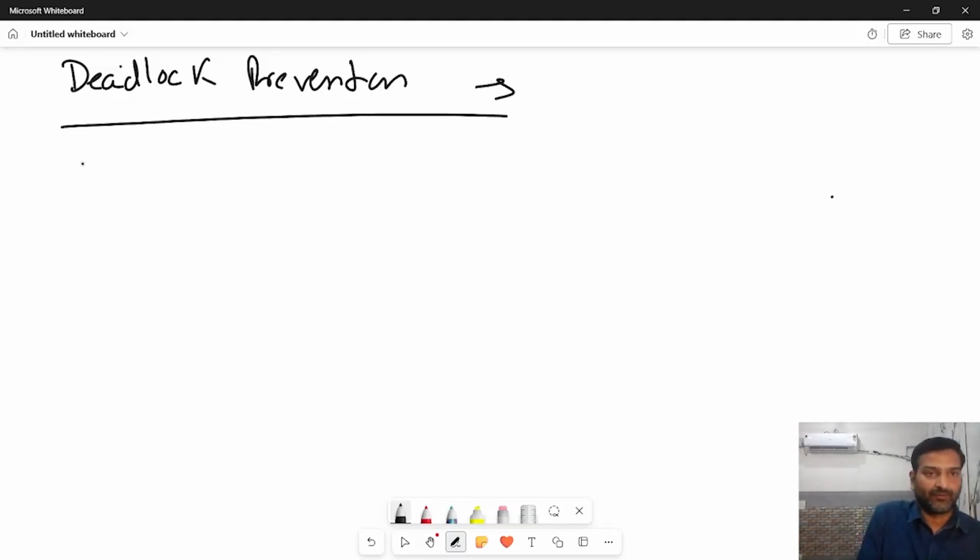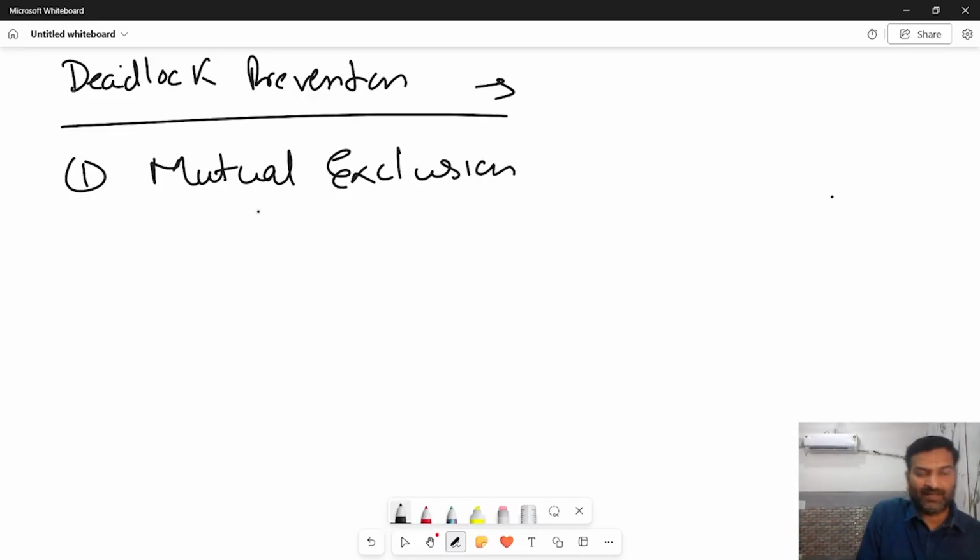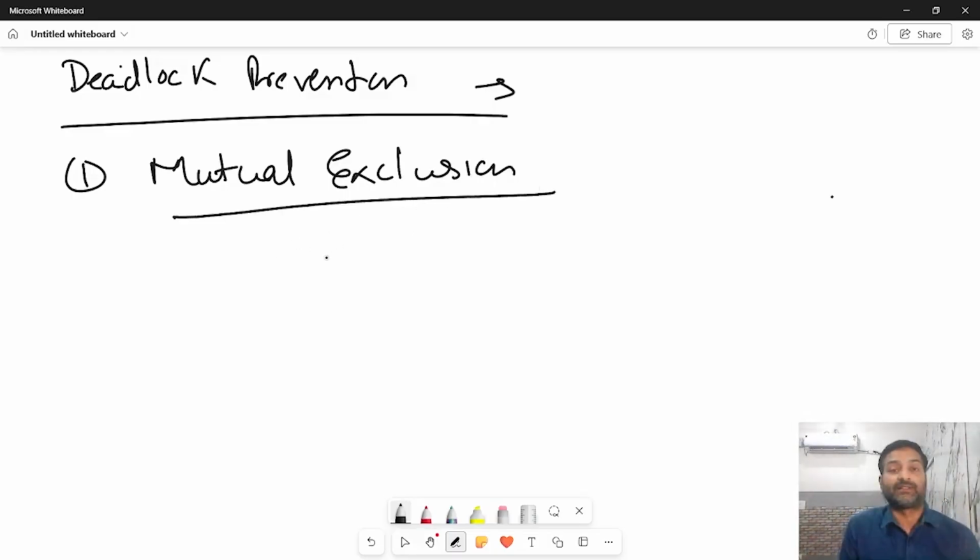The first condition is mutual exclusion. If there is no mutual exclusion, then there is a chance of deadlock. So how do we avoid this mutual exclusion?